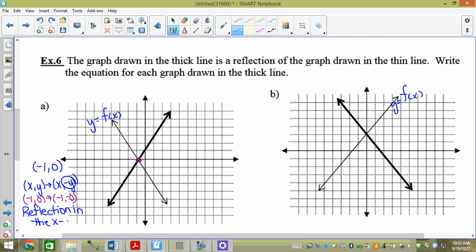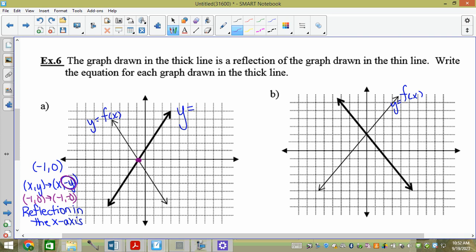And if it's affecting my y's, it has to affect my y in the equation. So I'm going to get y equals, and I have 2 options. I can either put the negative in front of the f of x or the negative with the x. Which did it affect? The y. So am I going to put it with the x? No, because then it would affect the x.